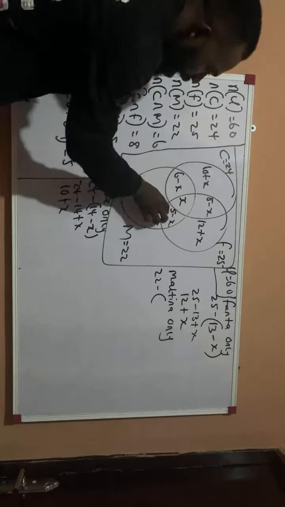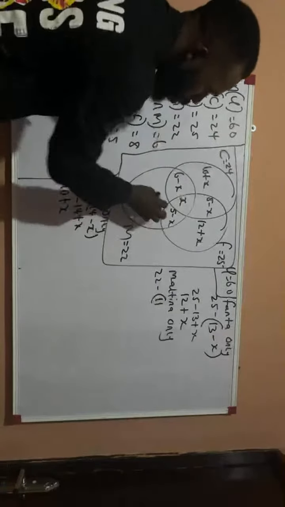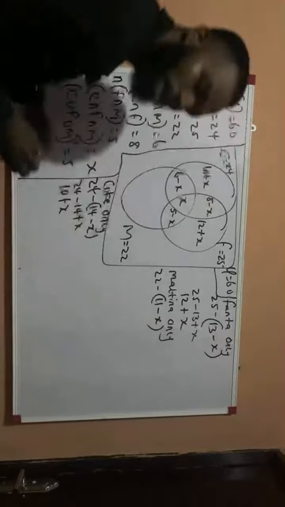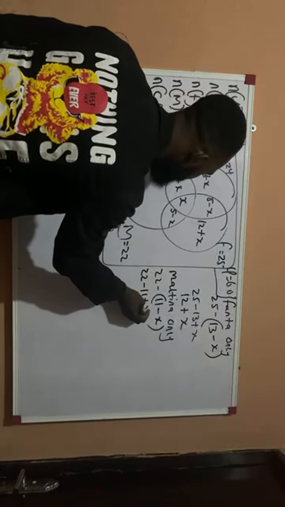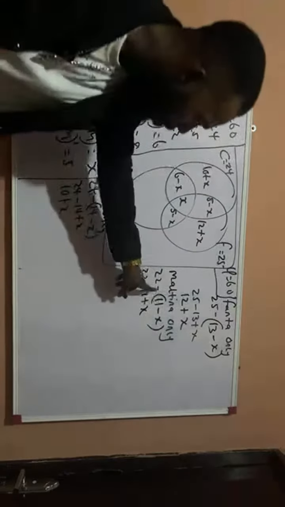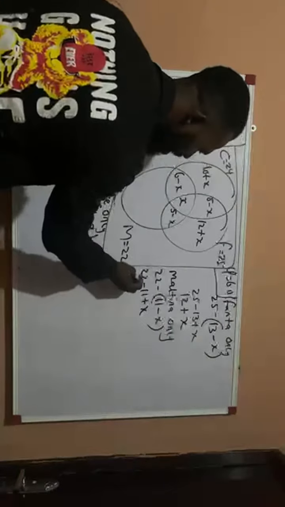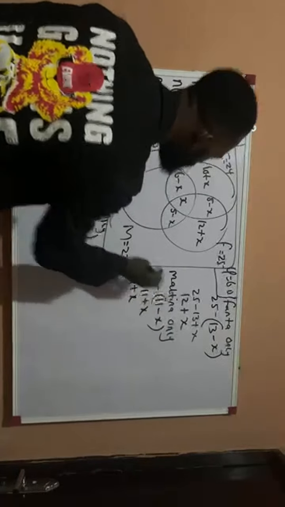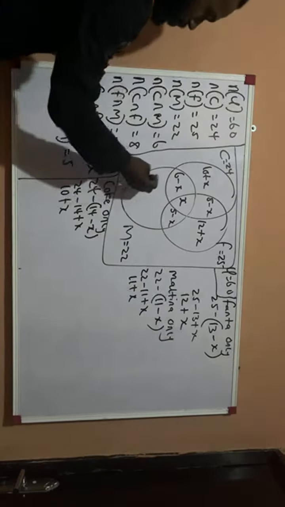So 6 plus 5 gives us 11. Then minus x plus x is 0. What do I have left here? Minus x. So if we open a bracket, we have 22 minus (11 plus x), because minus times minus is plus. 22 minus 11 gives us 11 plus x. So it means that 11 plus x persons drank only Martina.